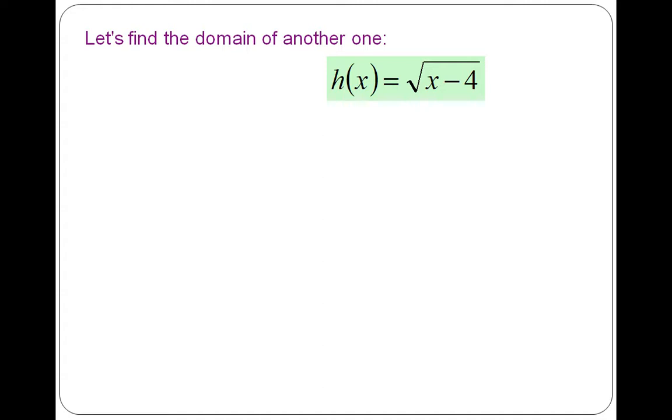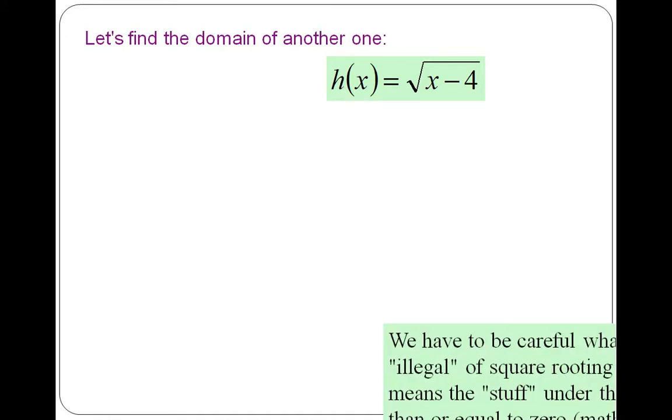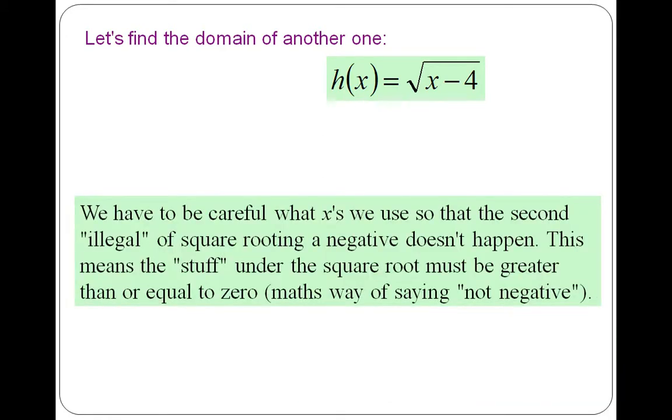What about the domain of the square root of x minus 4? You have to be careful what x's we use so that the second illegal, square rooting a negative, doesn't happen. This means the stuff under the square root must be greater than or equal to 0.